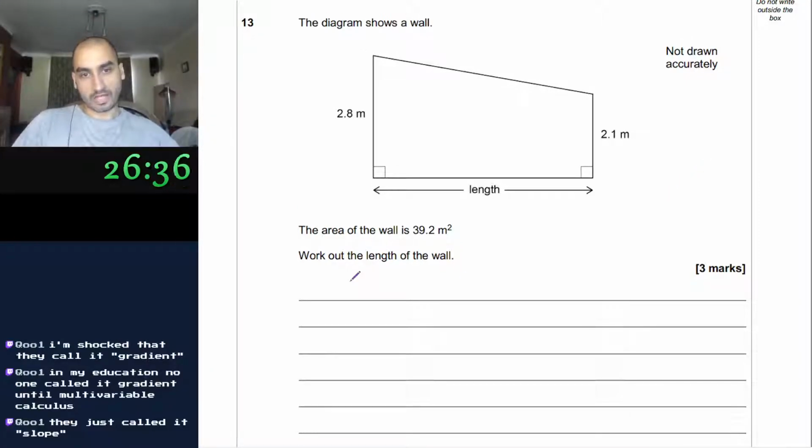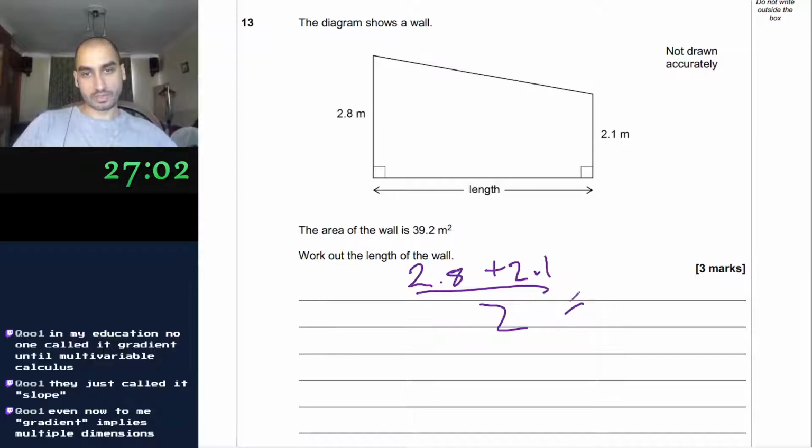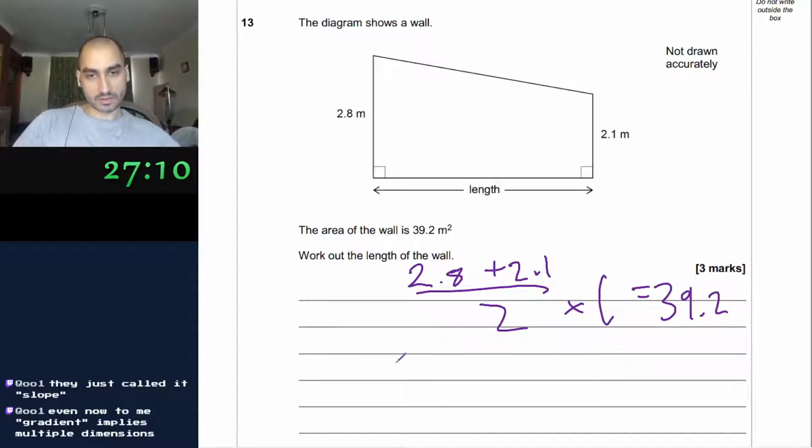The diagram shows a wall. The area of the wall is 39.2 meters squared, so it's the trapezium, or in America, the trapezoid. So the area is the average of the two opposite sides multiplied by the length. So it's 2.8 plus 2.1 over 2 times length equals 39.2. So that's 2.45.